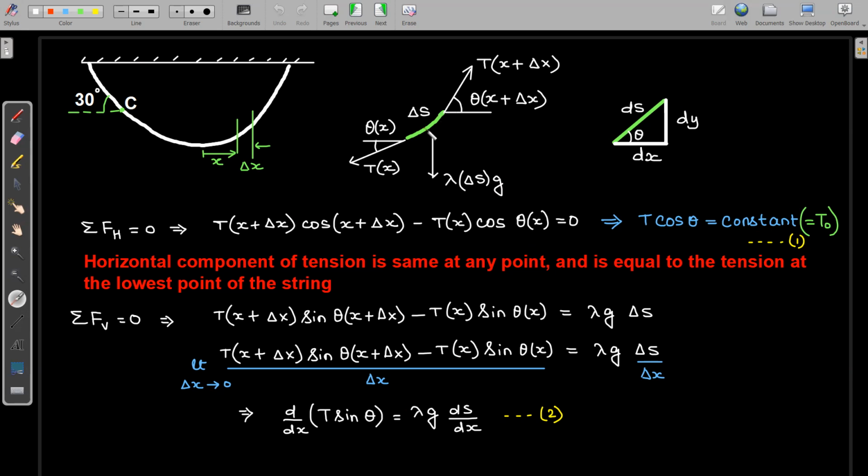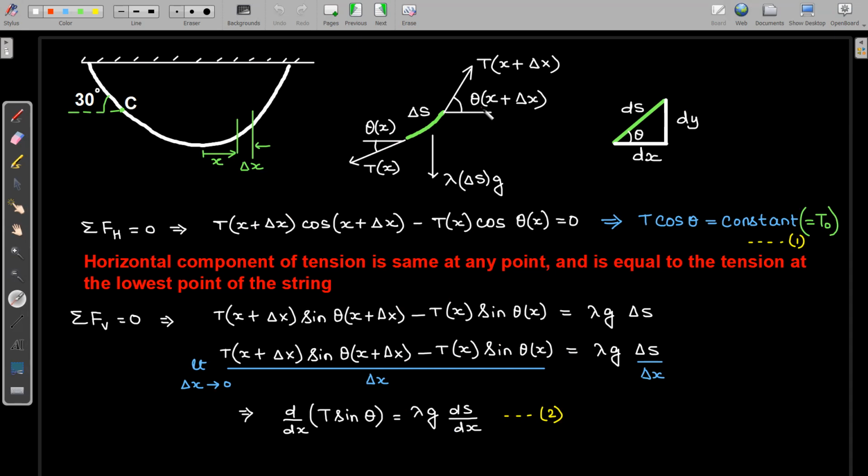Now, since this element will be in equilibrium, the net force in the horizontal as well as the vertical direction should be zero. If I make the net force in the horizontal zero first, you can see that the component of tension along the horizontal will be T cos θ.